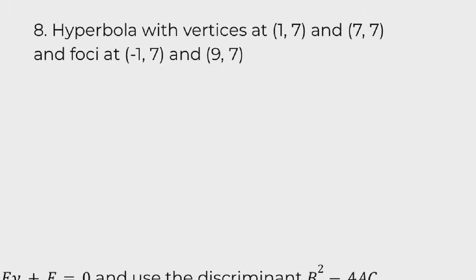Okay, and then next we have a hyperbola with vertices at (1, 7) and (7, 7), and foci at (negative 1, 7) and (9, 7). Again, we first want to find the center. This one's a little different because we don't have to change both.